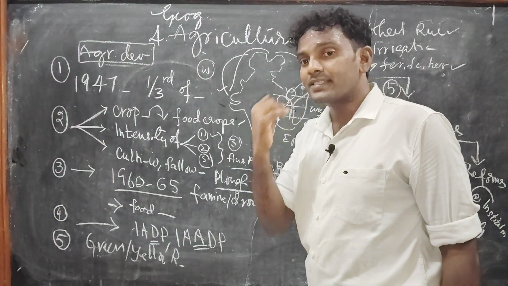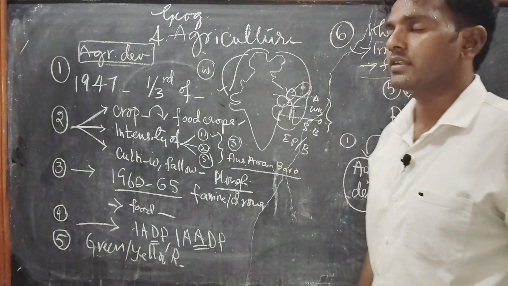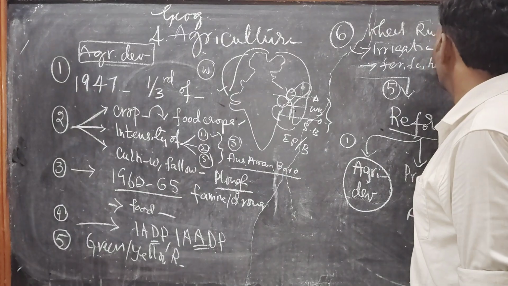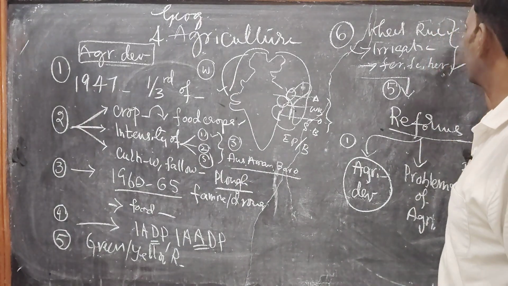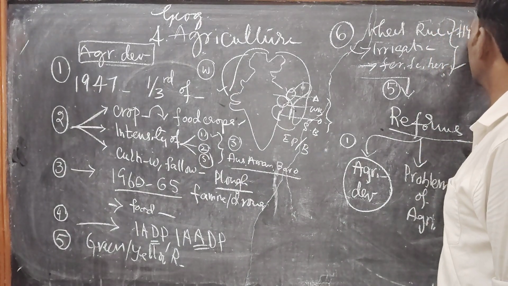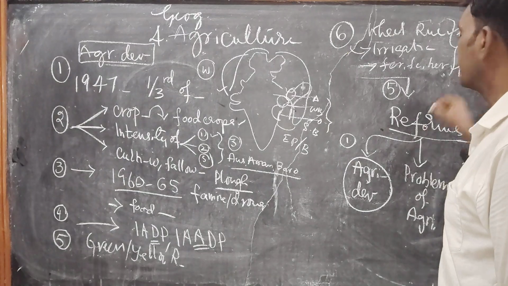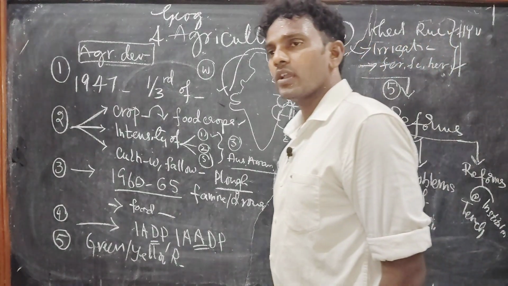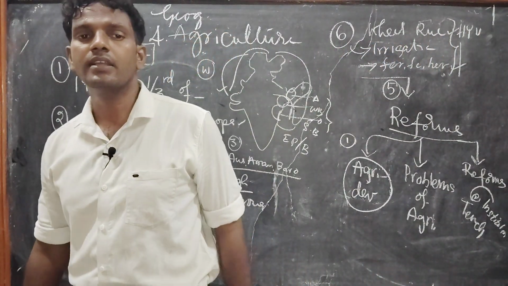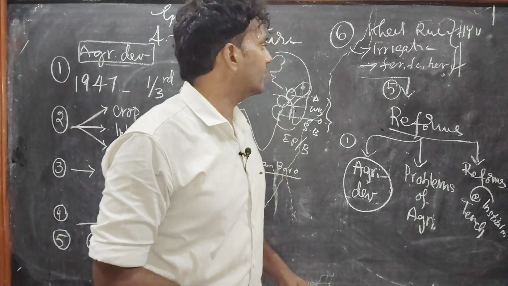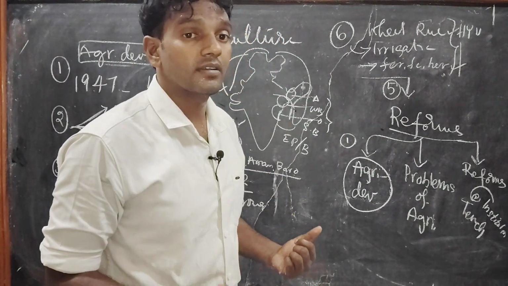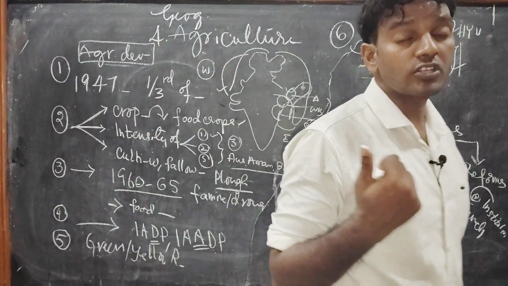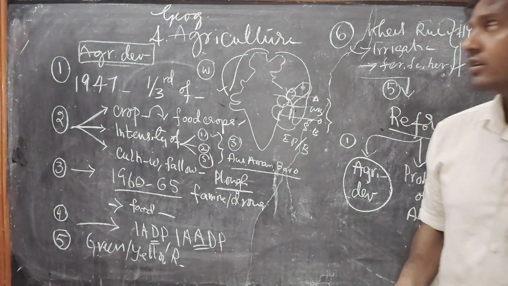We used packaged technology. It is called packaged technology. Not only using HYV varieties, we have to provide irrigation, and also use fertilizers, pesticides and herbicides. So what happened? The production drastically changed. It means the production improved very well.